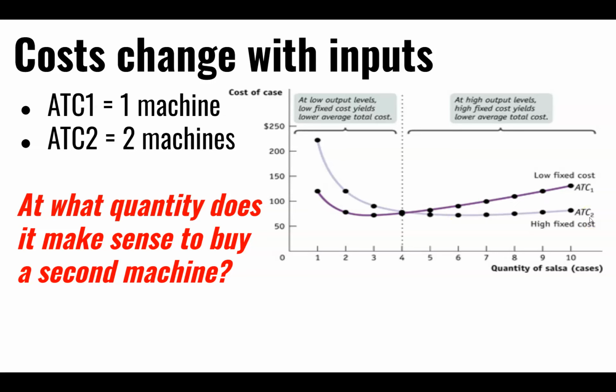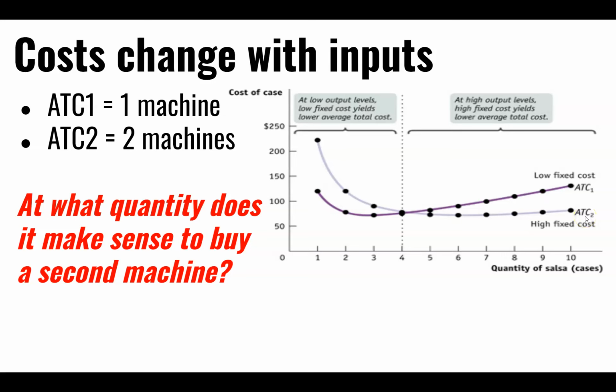And so which machine we choose to employ, how many of them we choose to employ, is dictated based on the average total cost curve. I'm going to look as a firm and decide based on how many units I'm going to produce whether or not one machine makes sense or two makes sense when I'm in the long run.